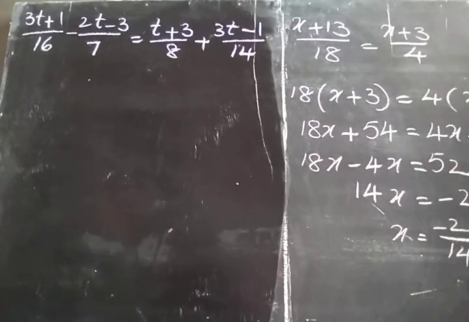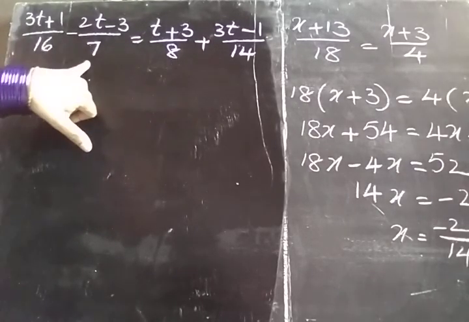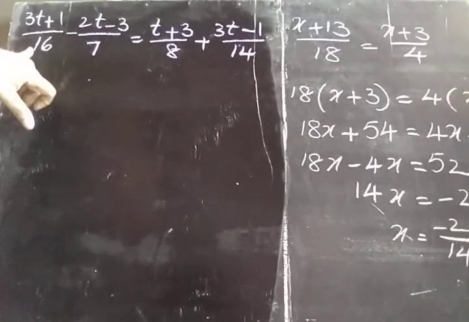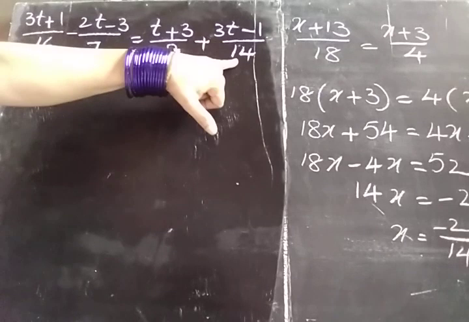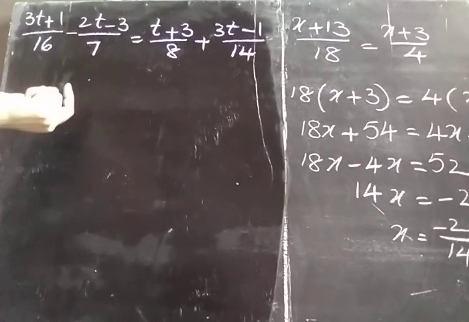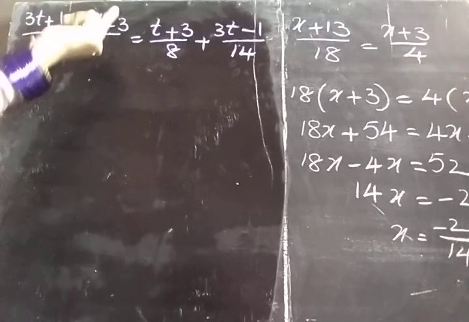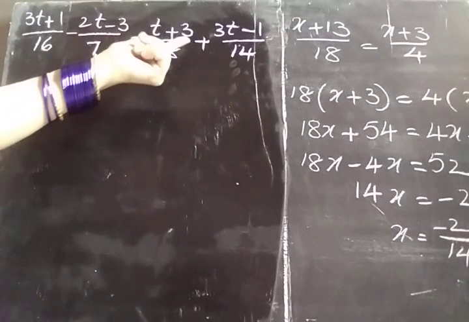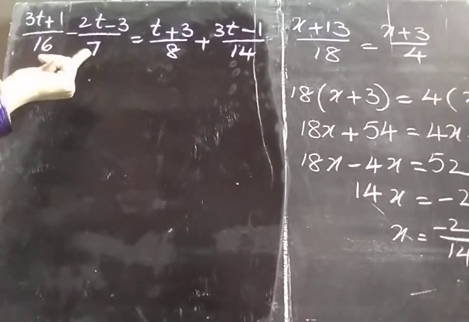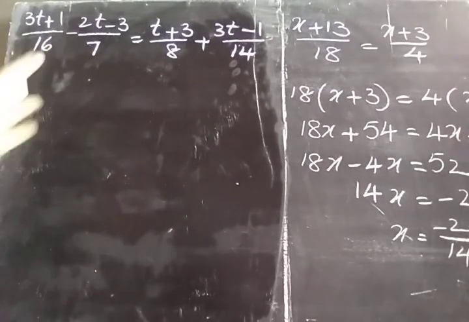Here observe, children, here the denominators are 16, 8, 7 and 14. 8 2s are 16, 7 2s are 14. So better you transpose this one, the by 7 fraction, to RHS, and this by 8 fraction to LHS. Then it is easy to find the LCMs.